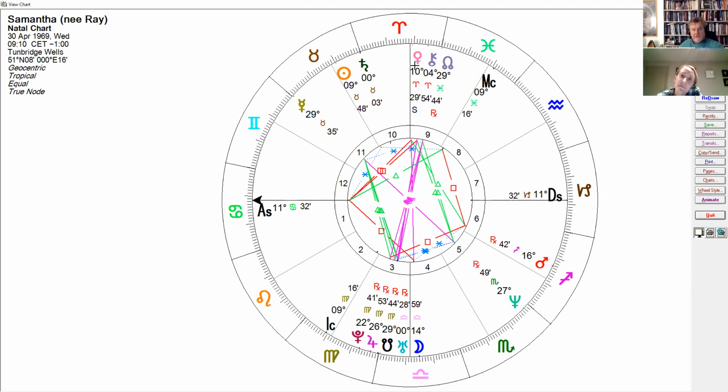Now this is quite interesting because she's got kind of half planets on one side and half on another side. But the focus is probably with the quicker moving planets. You know that Mercury and Venus will always be quite close to the sun. They don't stray far from the sun.